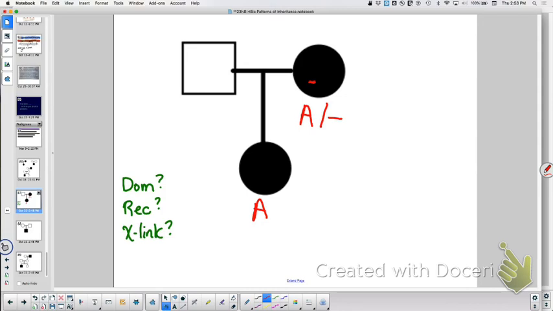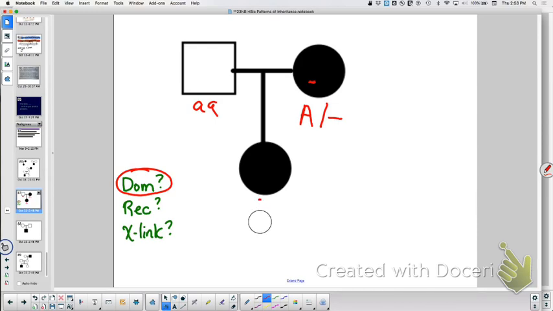I know Dad over here does not have this disease, because it's not colored in. So what is his genotype? Little a. He is little a. So do I know this individual's genotype? Yes. What is it? Big A, little a. Okay? So yes, it will work for a dominant trait. Do you see how I did that?